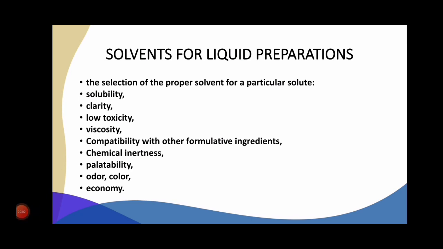Solvents for liquid preparations. When we say solvent, it is a substance that dissolves a solute, resulting in a solution. So the factors in selecting the proper solvent for a particular solute are solubility, clarity, low toxicity, viscosity, compatibility with other formulative ingredients, chemical inertness, palatability, odor, color, and economy.